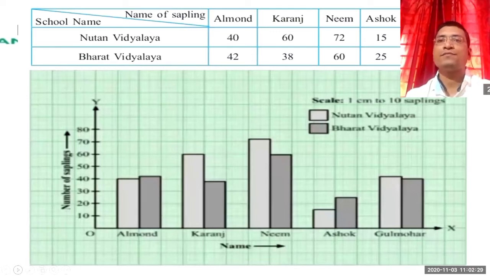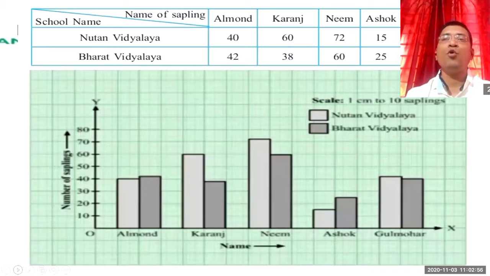Now look at the fourth joint bar graph. Ashok tree. Very few saplings planted by both Vidyalaya. Nutan Vidyalaya, you will see only 15 saplings were planted, and Bharat Vidyalaya planted 25 saplings. Okay, Bharat Vidyalaya planted more of Ashok tree.